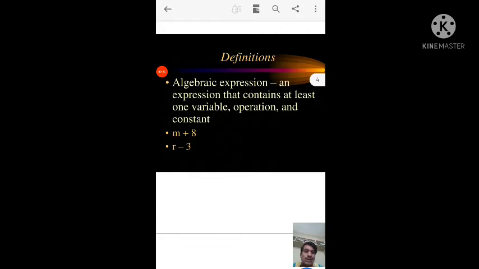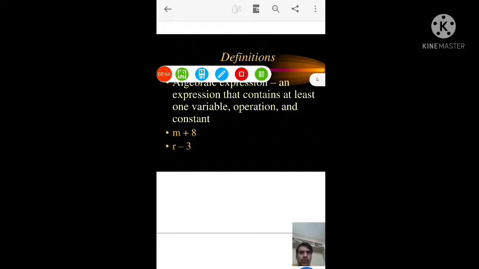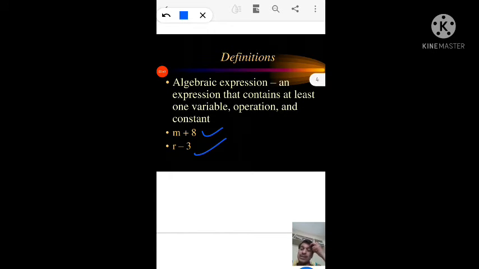What is algebraic expression? As all of you know, an algebraic expression is an expression that contains at least one variable and a constant and an operator. Okay, observe these two examples which I have written here: m plus 8 or r minus 3.